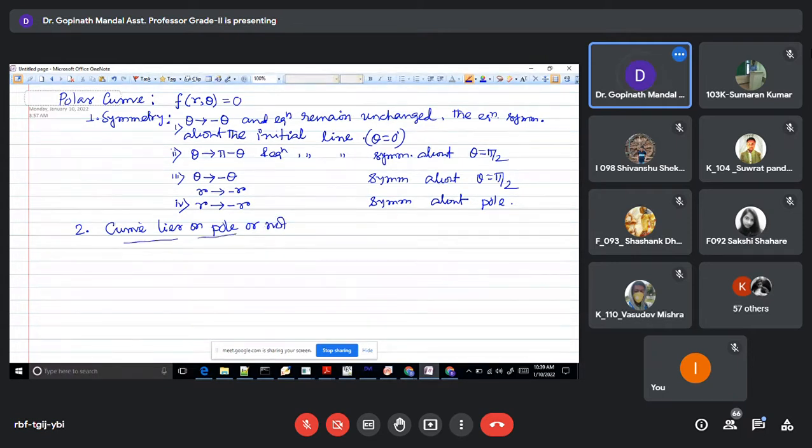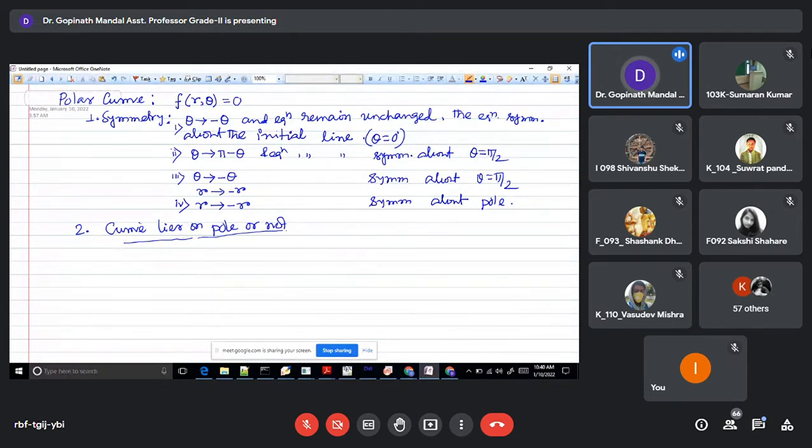What is needed? We have to get a theta for which r will be equal to 0. There must exist at least one theta so that r equal to 0.